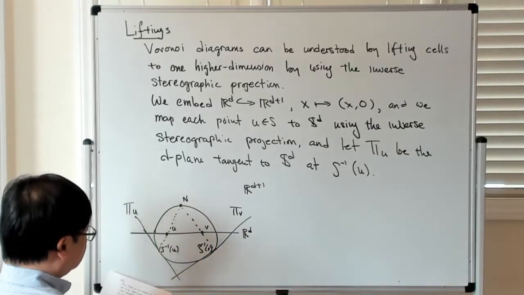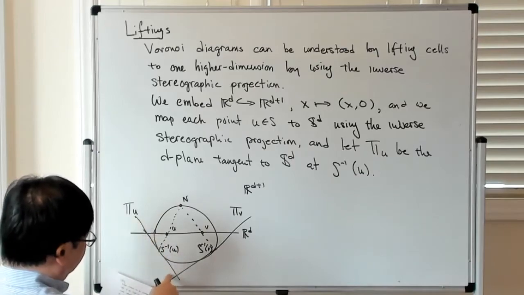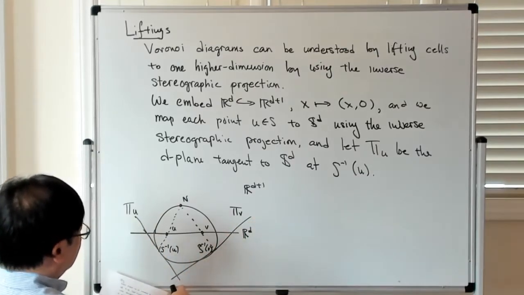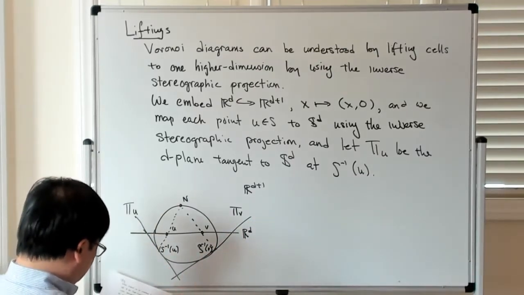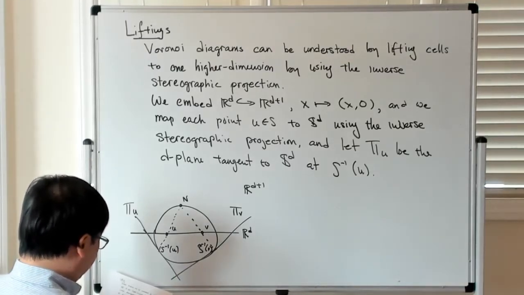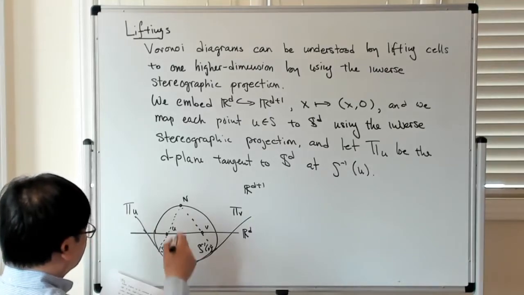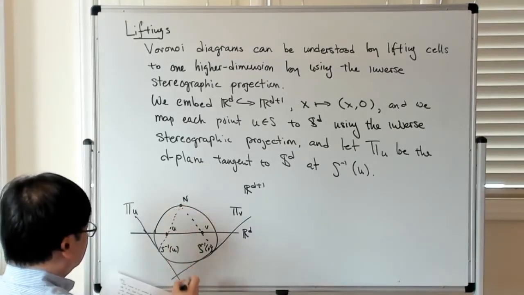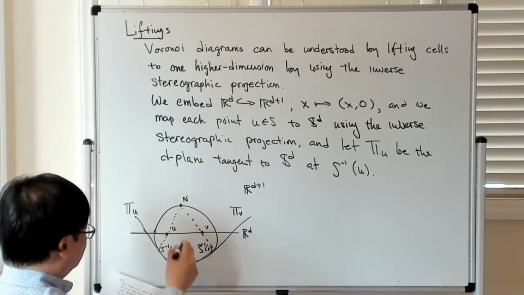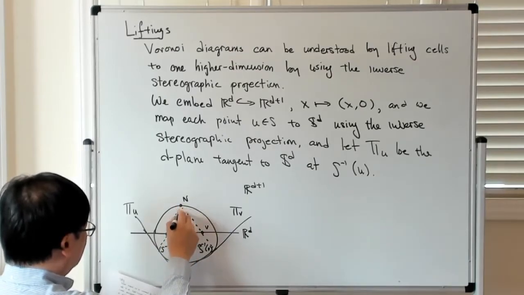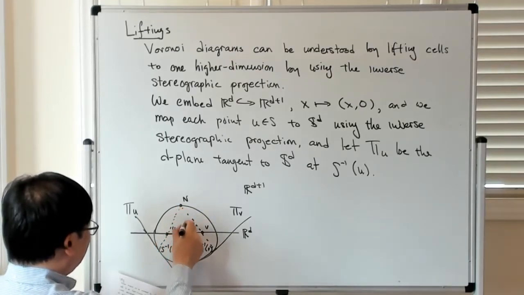Okay, so now you have these planes, and then we're going to apply a sphere inversion, again about this north pole, in order to map these back to spheres.